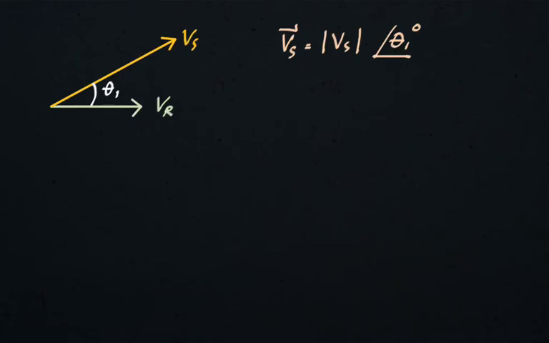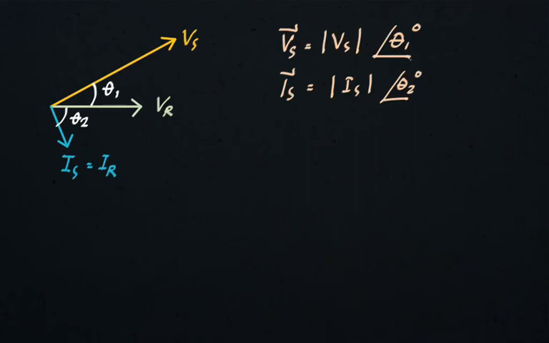Next is Is. We plot the Is, which is also equal to IR because this is a short transmission line, and theta 2 from VR. Having all those, the power factor is simply cosine theta S, wherein your theta S is the angle between Vs and Is.